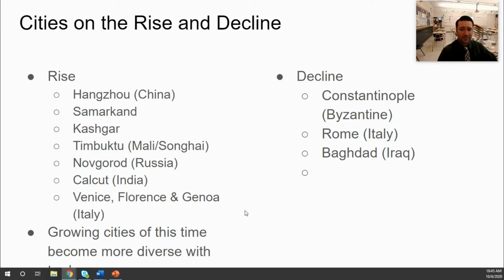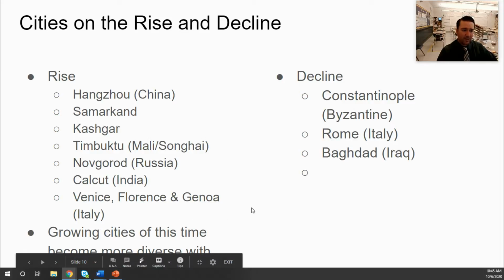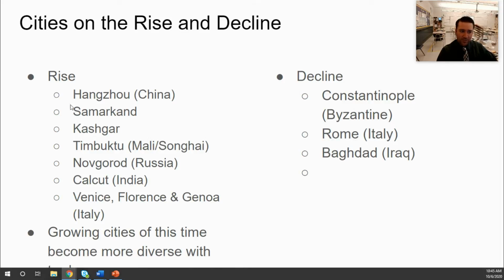All of these cities rise because they become major trading centers, either being at the crossroads like Samarkand, of the northern and southern routes of the Silk Road. Hangzhou is a major manufacturing center for porcelain and iron, something that China dominated the manufacturing of during this time period.